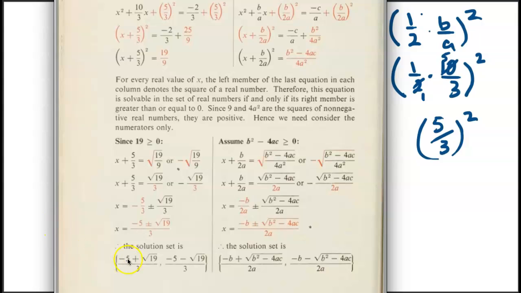Right? Over here, we see that we have two possible solutions. It all depends on whether the square root of 19 is positive or the square root of 19 is negative. Over here, we have the same circumstance, right?